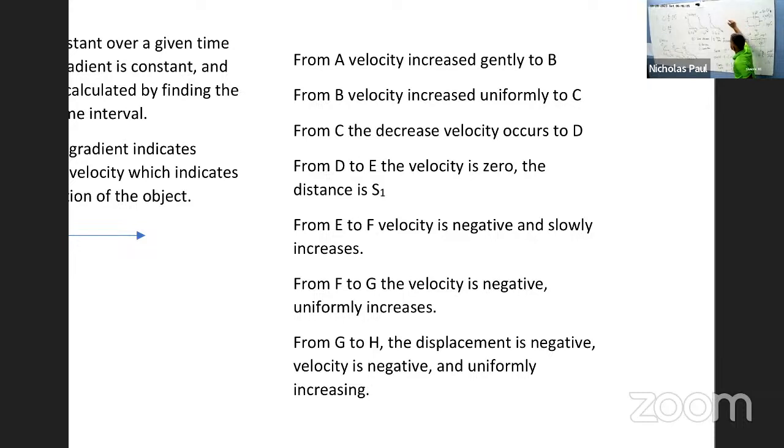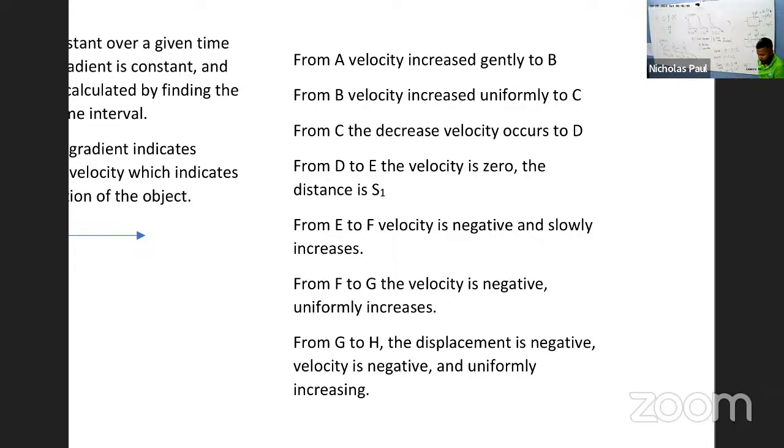It's going to be like this. You're changing direction and your slope is starting to increase. This is decreasing. So E to F is negative and slowly increasing.